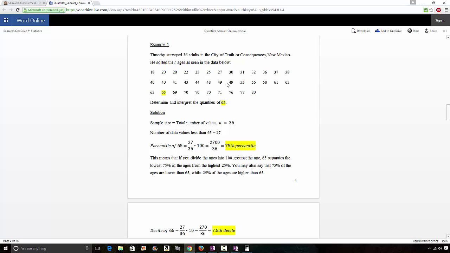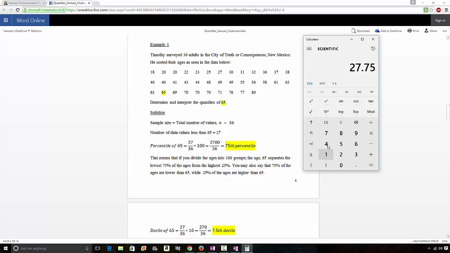Counting 13, 14, 15, 16, 17, 18, 19, it's 44 plus 48 divided by 2. 44 plus 48 equals 92, divided by 2 is our median here, 46.